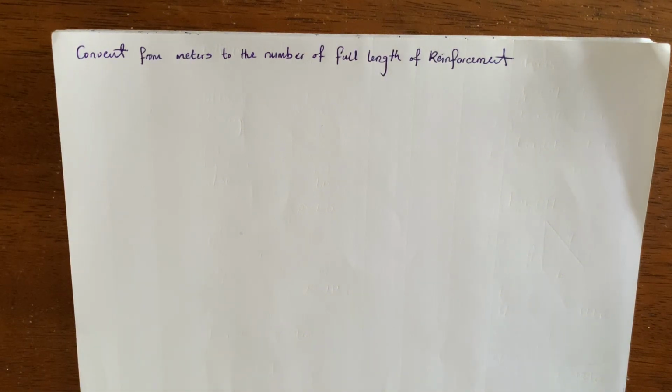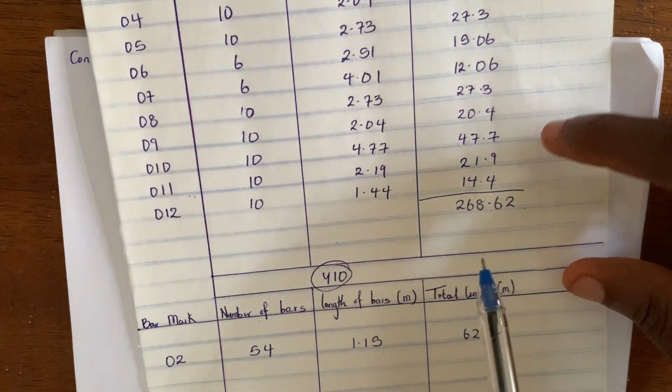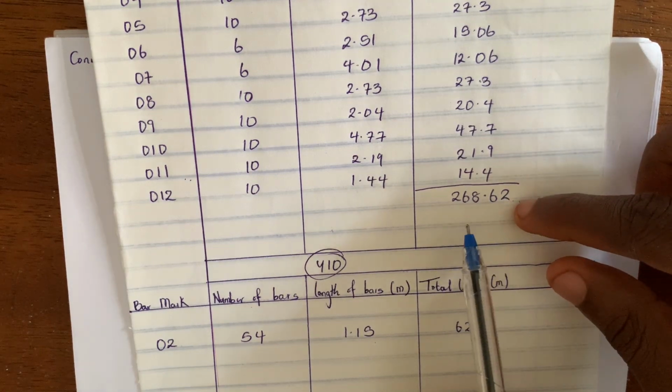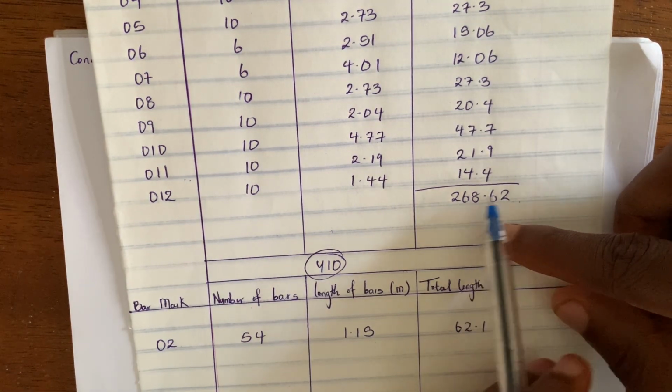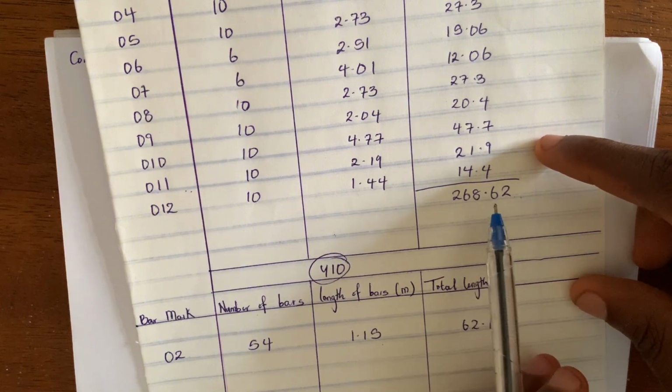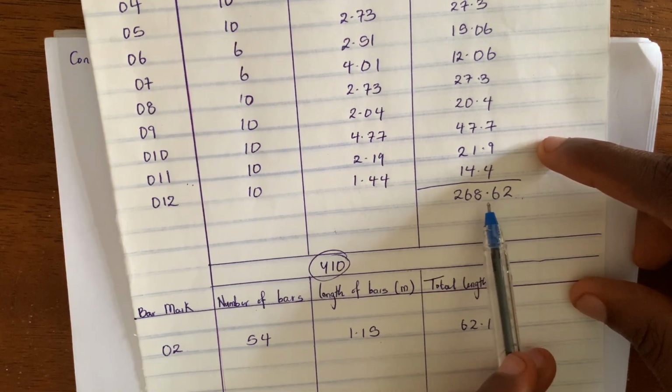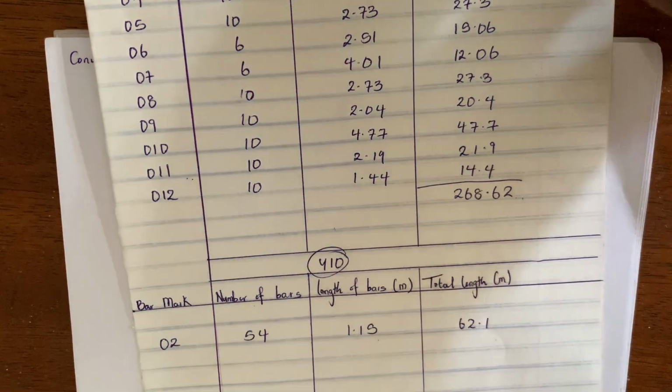In our previous video we calculated the total length in meters of the Y12 we are going to be using. So we said that the total of what we are going to be needing for that staircase was 268.62 meters.